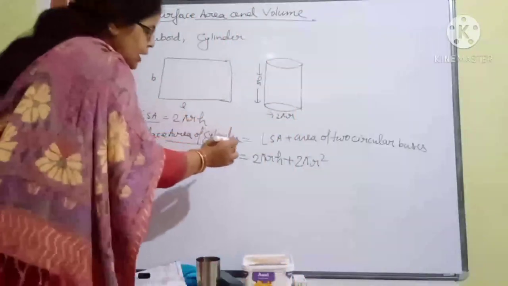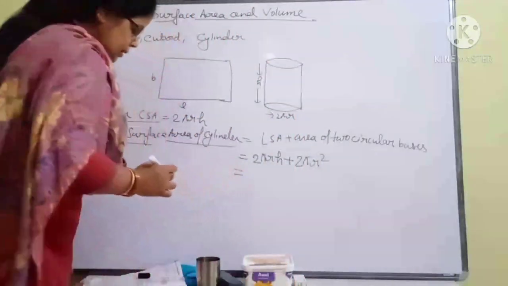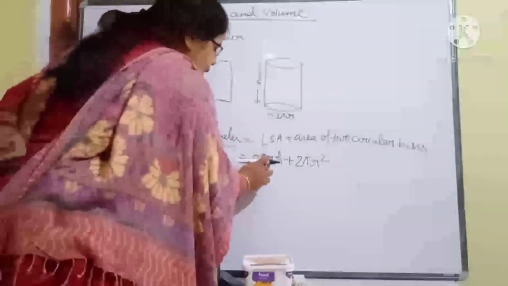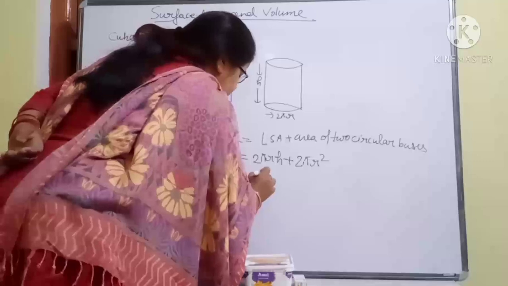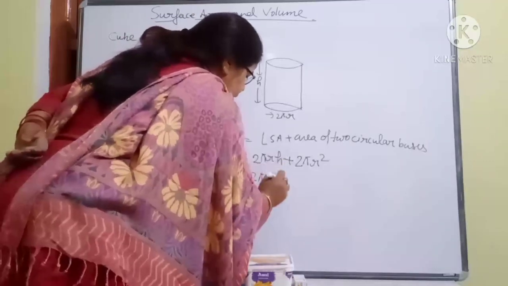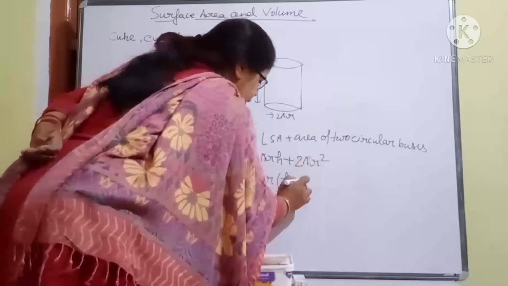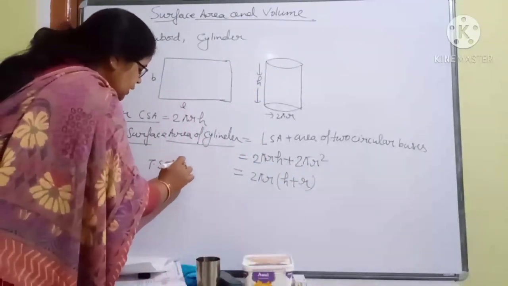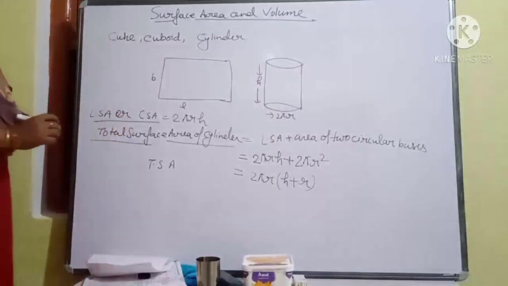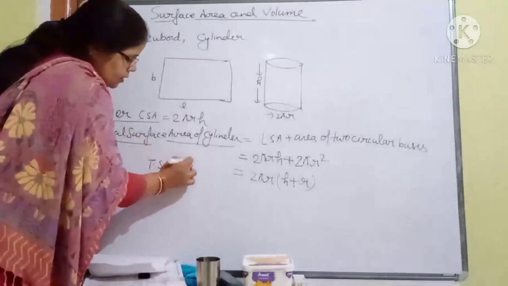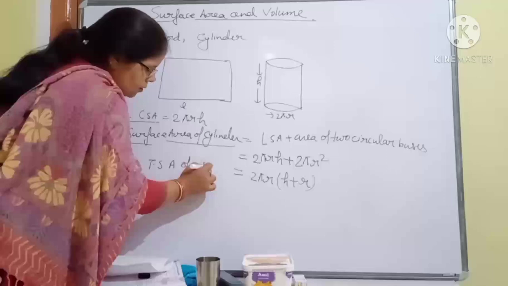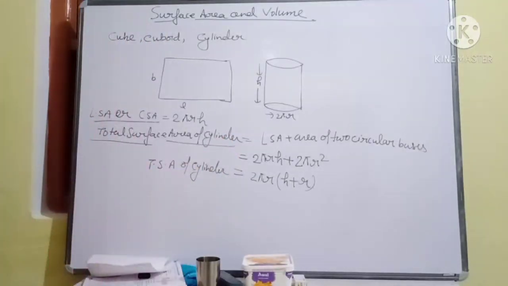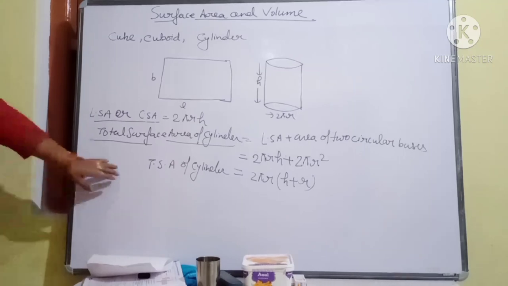Now if finally by combining we generate the formula, what will it be? 2 pi r is common, so take 2 pi r as common. What will remain here? h. And what will remain here? r. So it will be the total surface area of cylinder. TSA of cylinder is equal to 2 pi r in bracket h plus r.